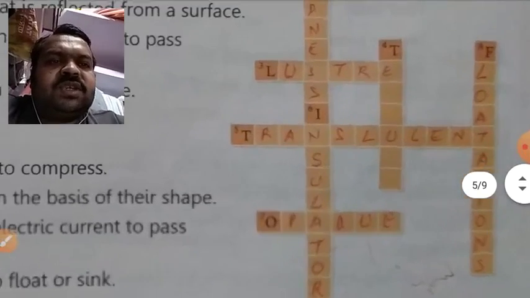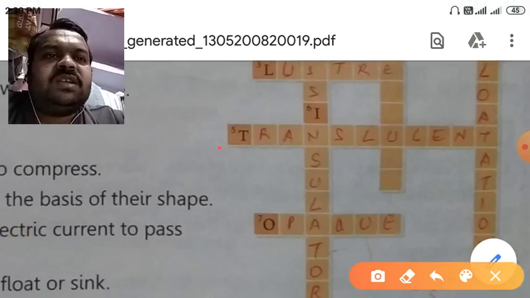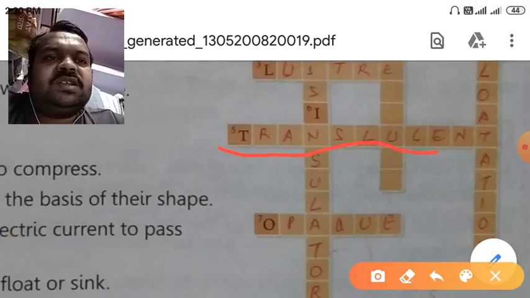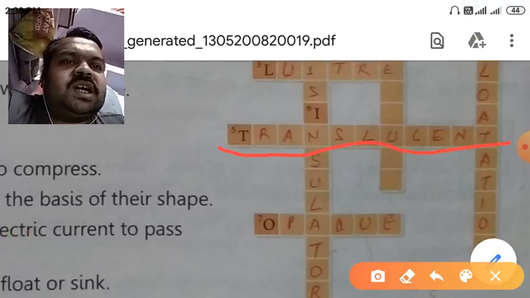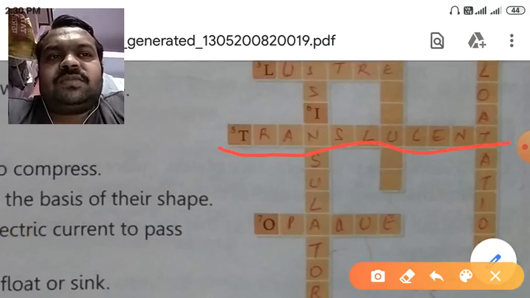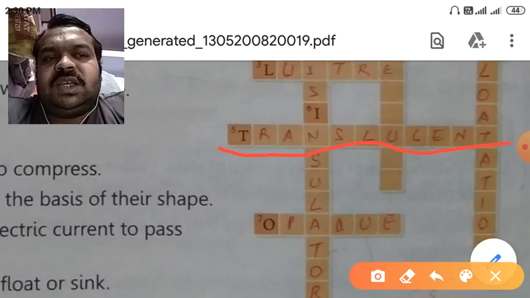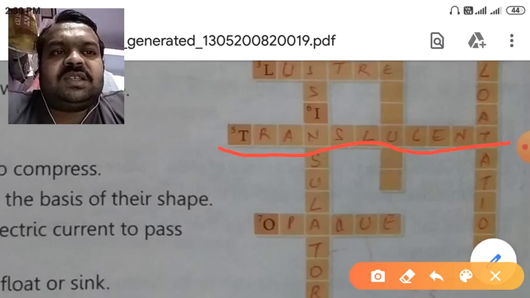Those are known as translucent materials. Translucent.